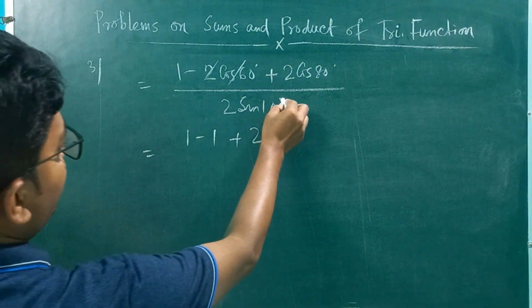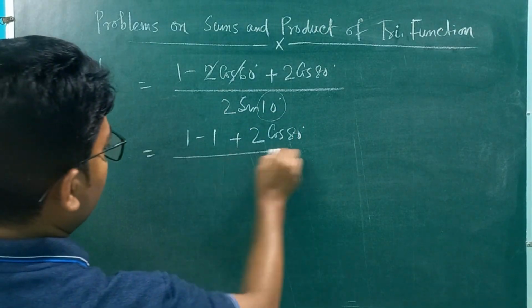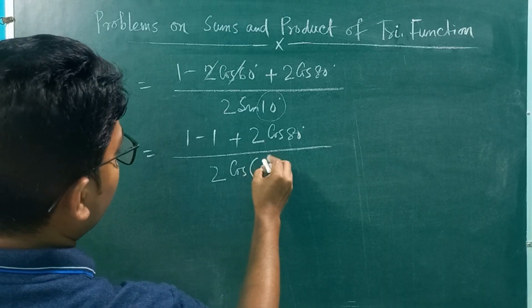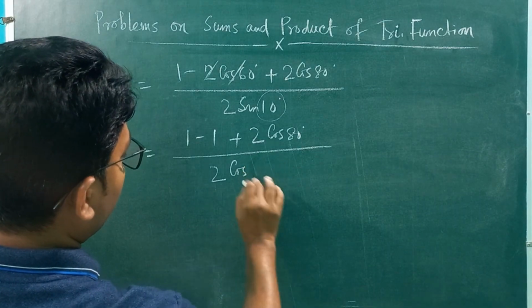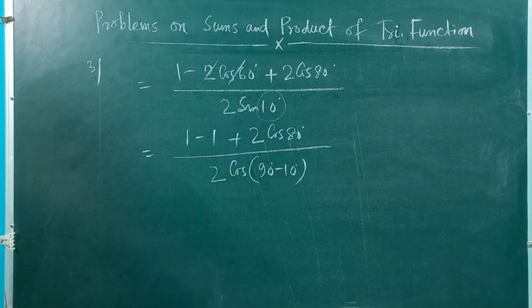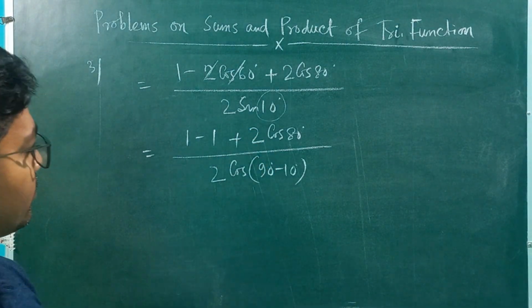If you change this angle into its complement, this one you can write cos of 90 minus 10. Complementary angle, cos of 90 minus theta means sin theta.